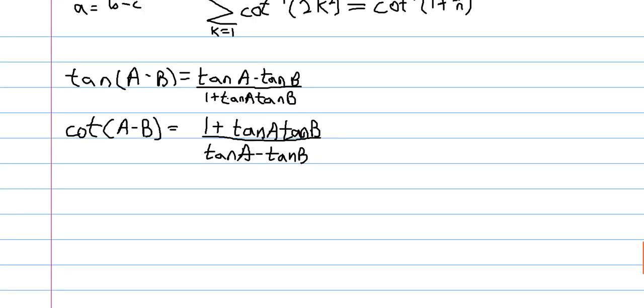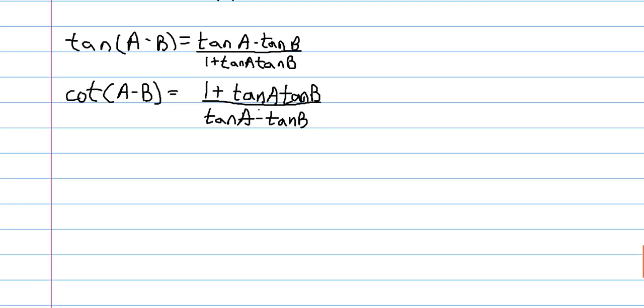Cotangent of A minus B is equal to 1 plus tan A tan B over tan A minus tan B. But everything's still in terms of tangents. However, it's pretty easy to notice that we can divide both the numerator and the denominator by tangent A times tangent B, and everything will turn into cotangents. Exactly, it will turn into 1 plus cotangent A cotangent B divided by cotangent B minus cotangent A.